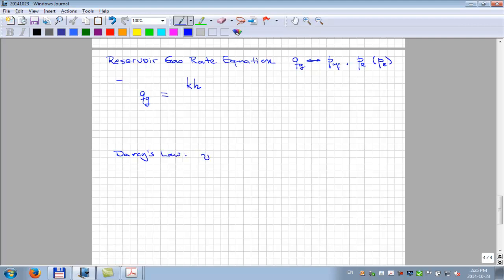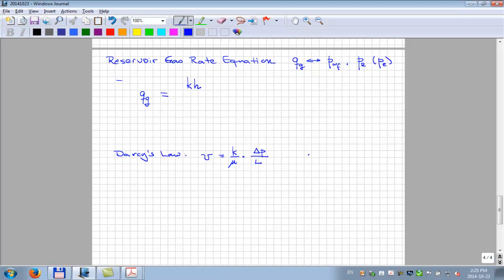It says the velocity of flow is not the actual velocity. If you were down there measuring particles pass by in millimeters per second, but it's what we call the Darcy velocity, is permeability over viscosity times the pressure drop along a distance, I'll just say L.